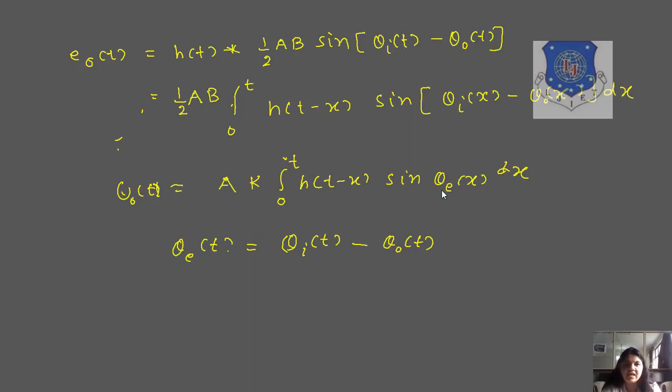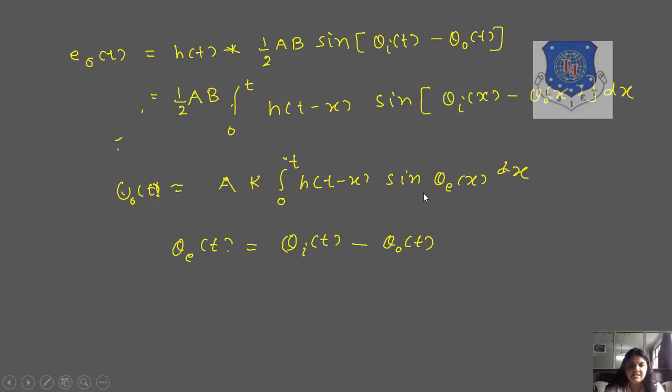That is equal to 1/2 AB times the integral from 0 to t of h(t minus x) sin(theta_i(x) minus theta_0(x)) dx. Now we put in the value for k, which is 1/2 CB, and by putting that value, theta_0'(t) is equal to AK times the integral from 0 to t of h(t minus x) sin(theta_e(x)) dx.